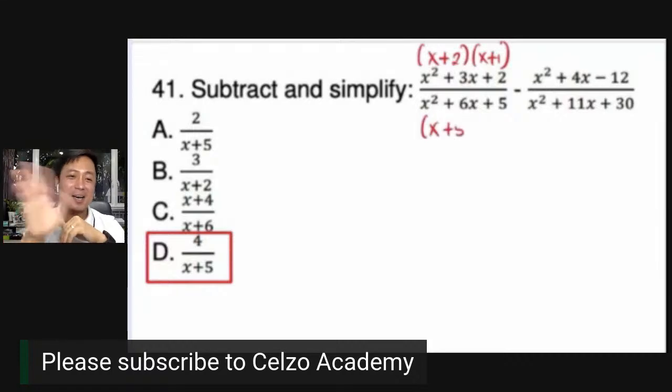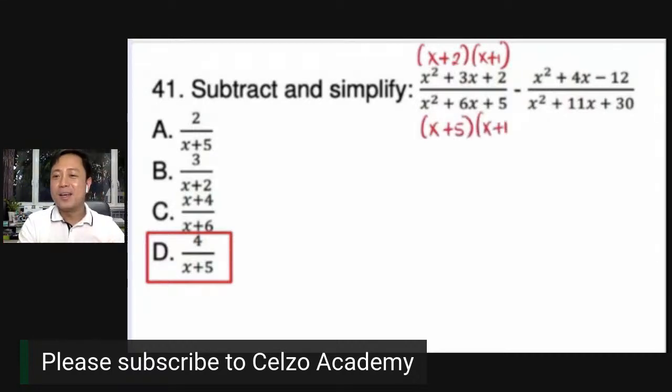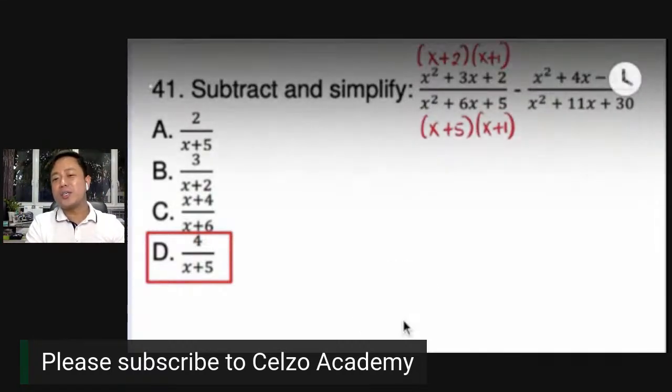Physics teacher. Hi, Michelle. All right, so for this question, we need to factor out the expressions. So for the numerator, we have x plus 2 times x plus 1 because we need factors with a product of 2 and a sum of 3. So we need to use 2 and 1.